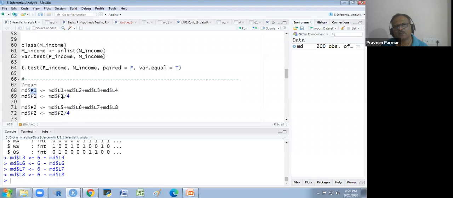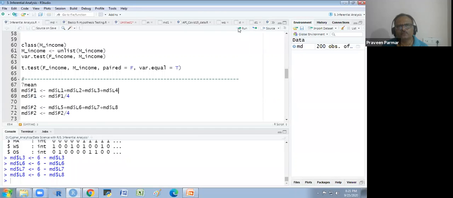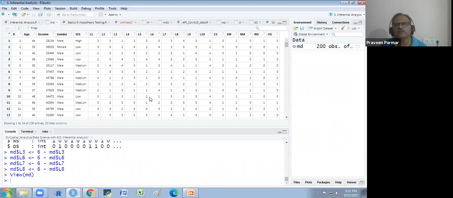Then I am dividing it by 4, so I am getting the mean. Does that make sense to you? First I am adding L1, L2, L3, L4, with a new name F1 in my data frame. Then I divide F1 by 4 and give the same name F1 again. Does that make sense to everyone? Nikita? Yes, sir. So in this way we get the score. At present, if I show you the data, we don't have that column. The mean scores F1, F2, F3. So I will show you that column now.